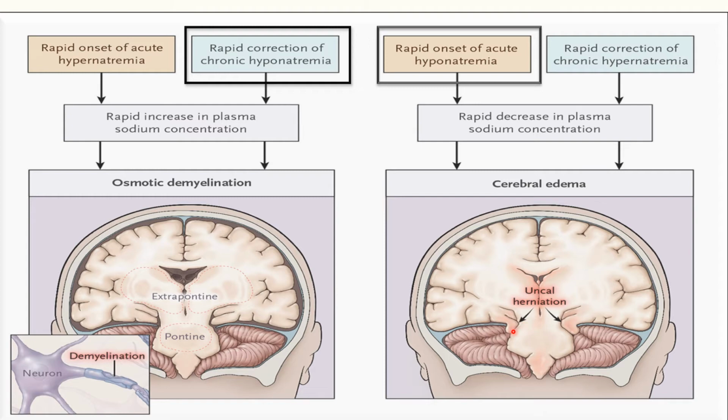That is the problem with acute hyponatremia because the sodium fall acts very rapidly on the brain. And here if you correct chronic hyponatremia rapidly, then you get osmotic demyelination if the jump in sodium is very rapid. And here you can see the neurons are getting demyelinated.